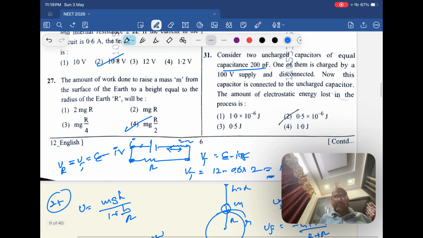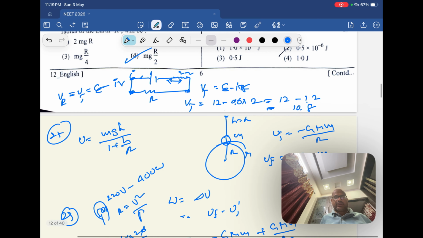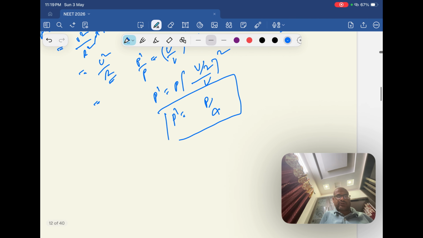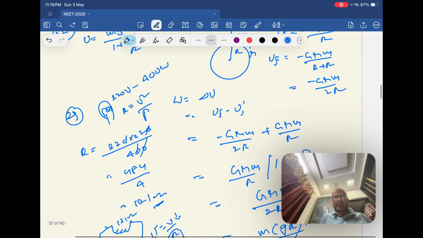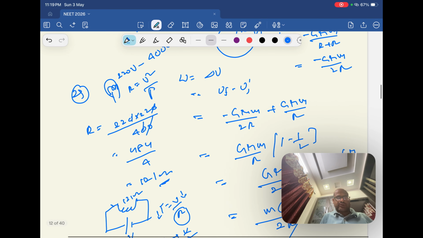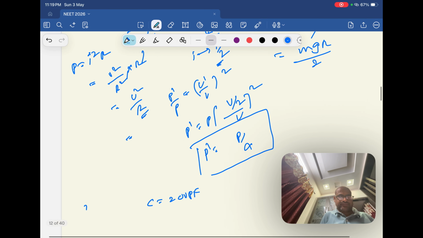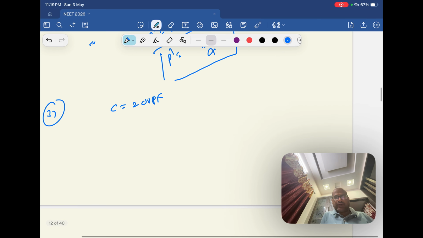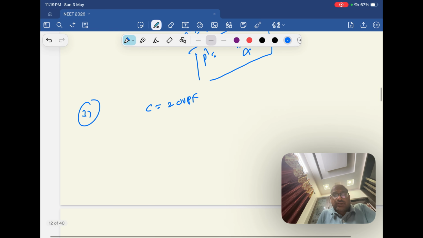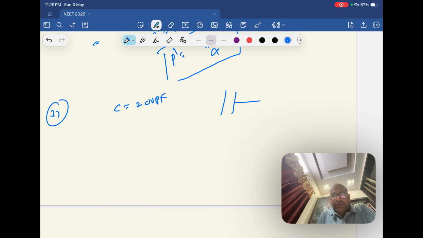Uncharged capacitors of equal capacitance 200 picofarad. Question number 31. Now you see, I have a capacitor of capacitance C, and the energy stored in the capacitor is half C V square.